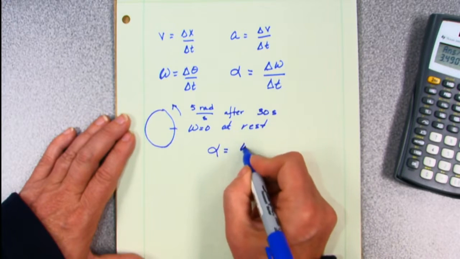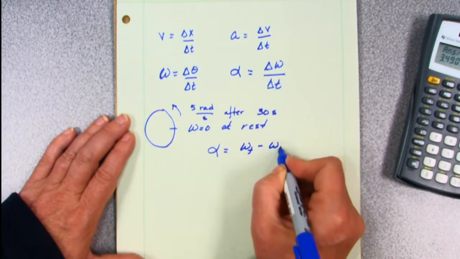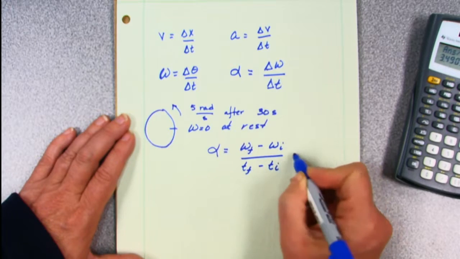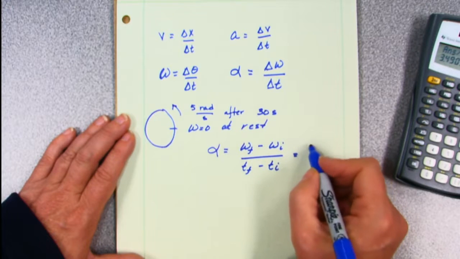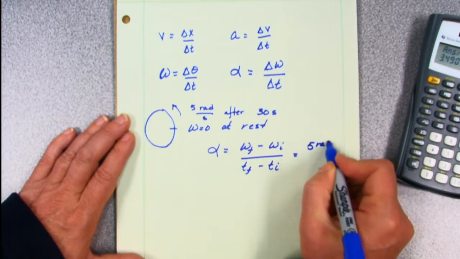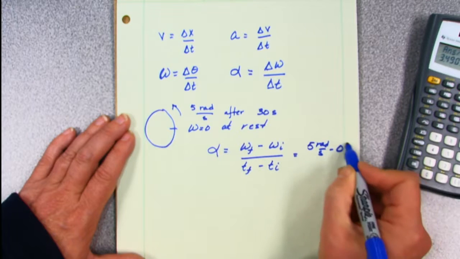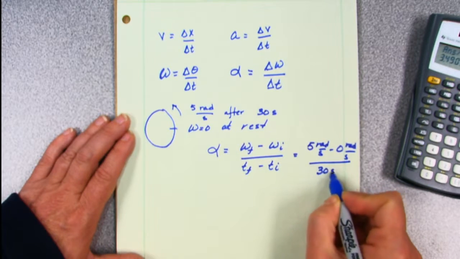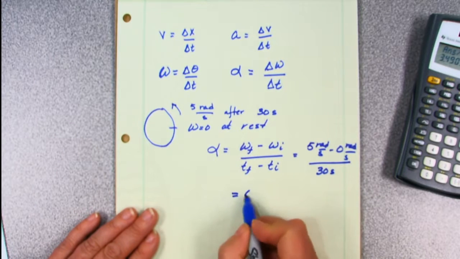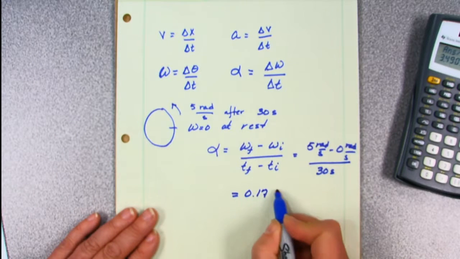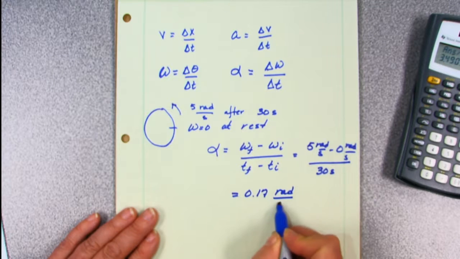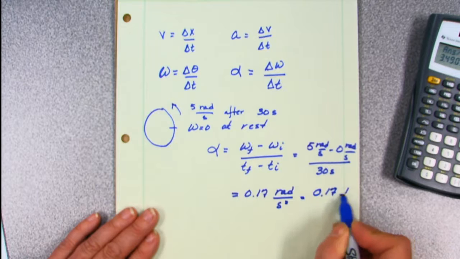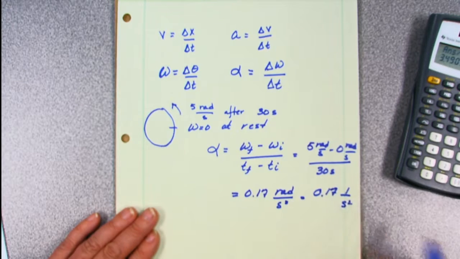Well, that's just going to be my final minus my initial divided by my change in time. I started at 0, so I get 5 radians per second minus 0 radians per second divided by my 30 seconds, which gives me 0.17 radians per second squared, or I can just write this as 0.17 inverse seconds squared.